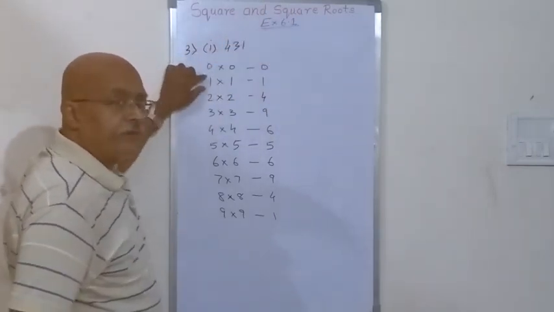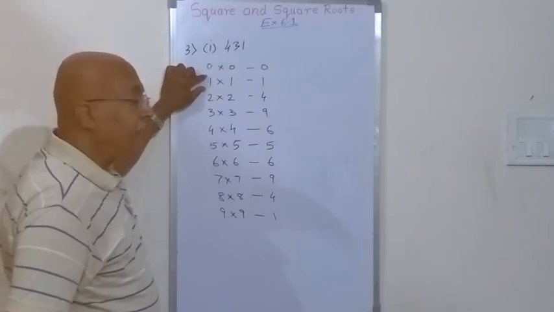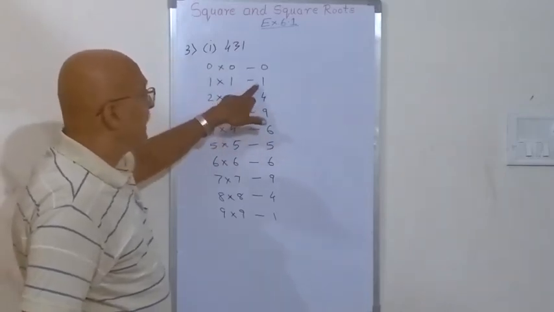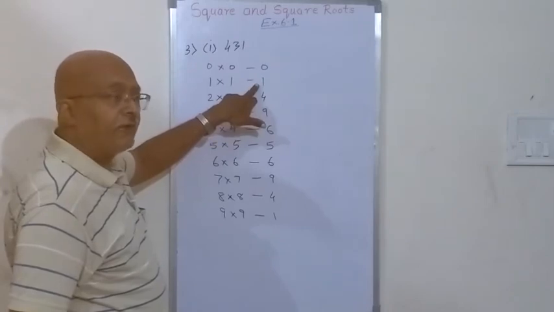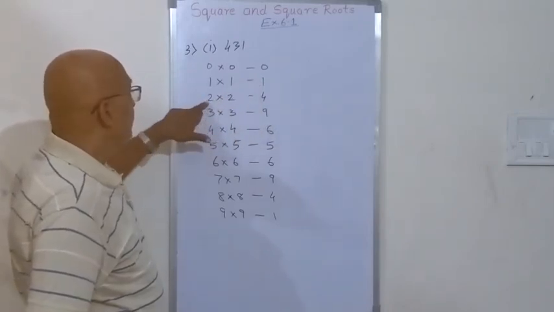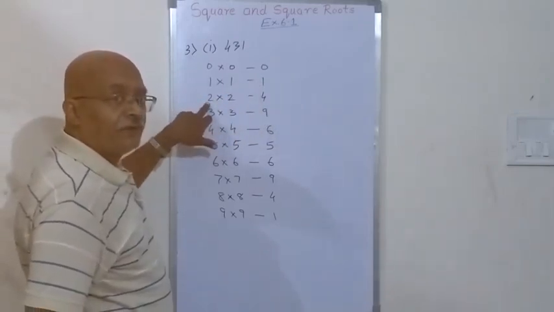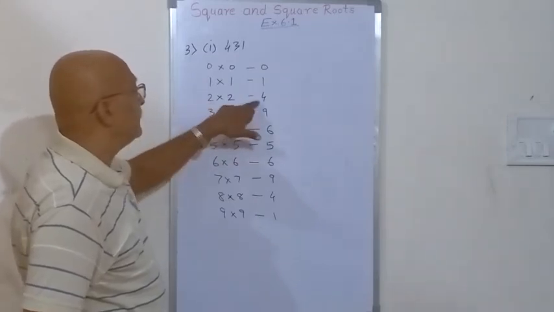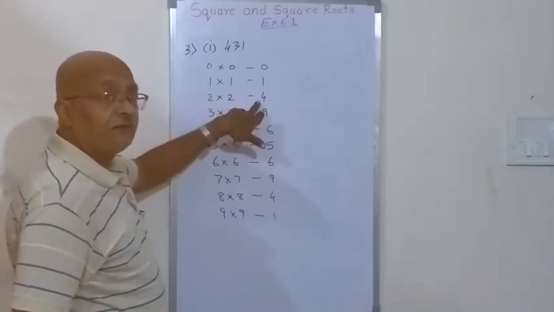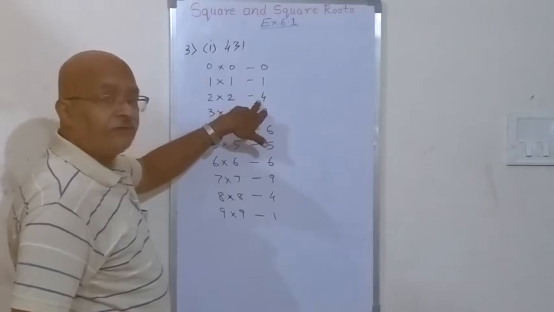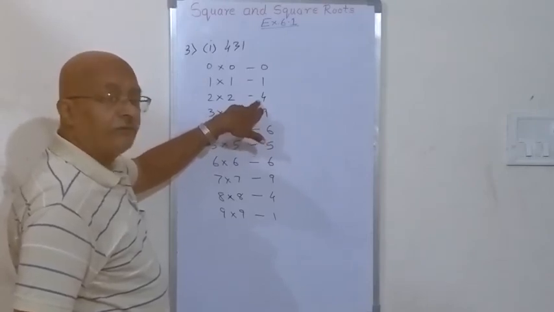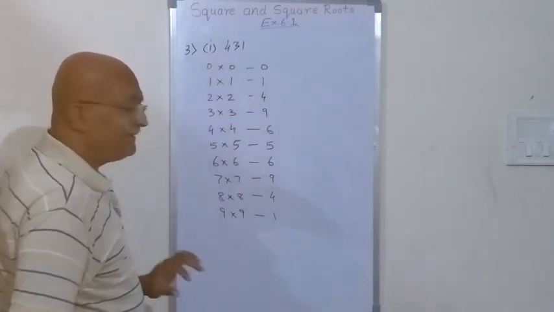If a number has 1 at the unit place, the square will also have 1 at the unit place. If 2 is at the unit place for any number, the square of that will have 4 at the unit place. So this way we can easily find out.